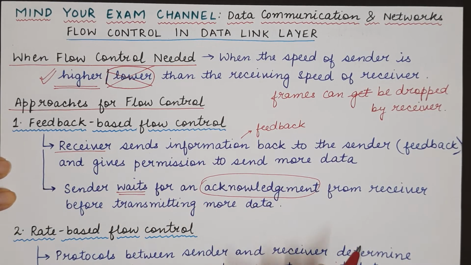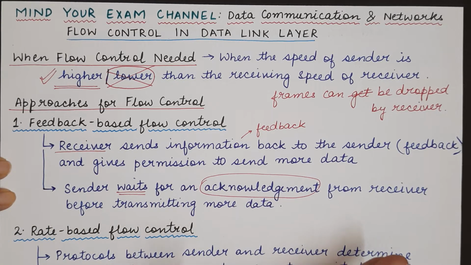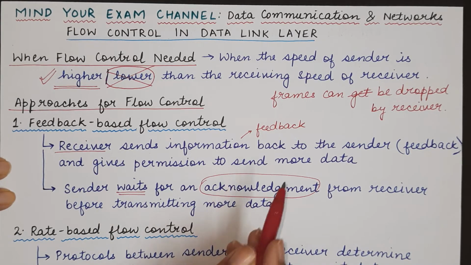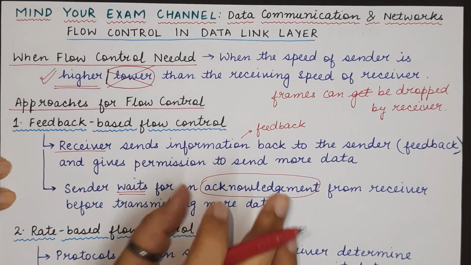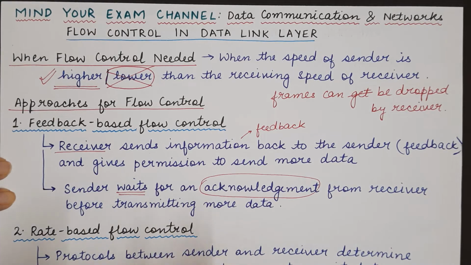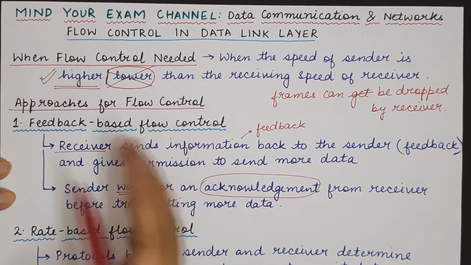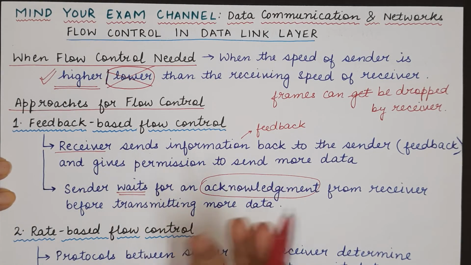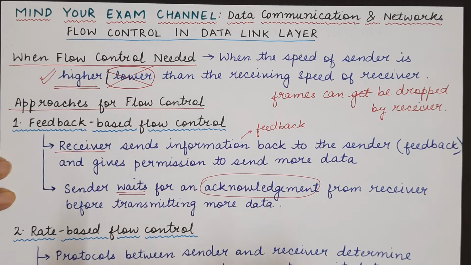What actually happens is that the sender sends a frame to the receiver at the data link layer, and the receiver sends an acknowledgement which tells that the last frame has been received. This acknowledgement is also an indication to the sender that it can now send the next frame, because the last frame has been received, processed and sent further to the network layer of the receiving side.